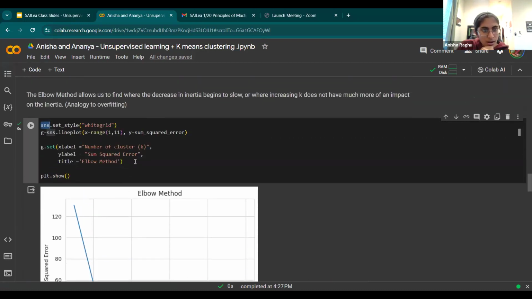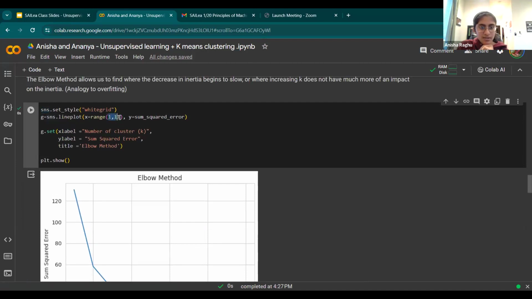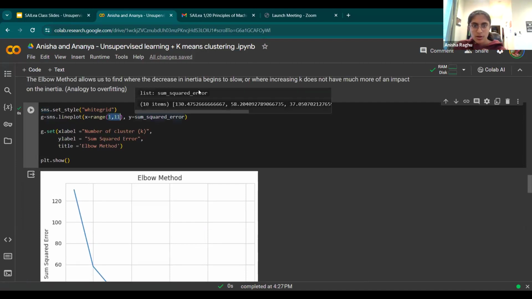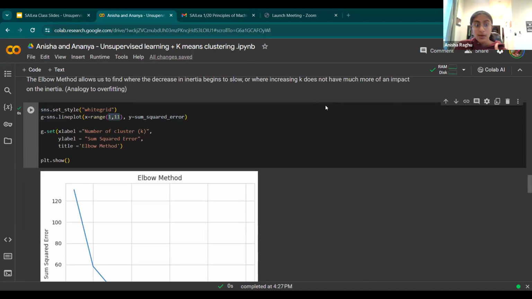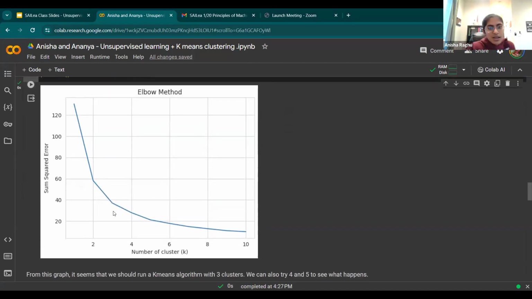As we can see over here, we're going from 1 to 11 because, as Ananya mentioned, those are the numbers of clusters that we are trying. By looking at this graph, what do you think would be the appropriate case to test? Which points do you think would be an appropriate elbow?